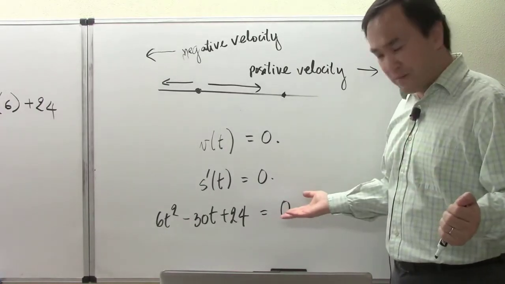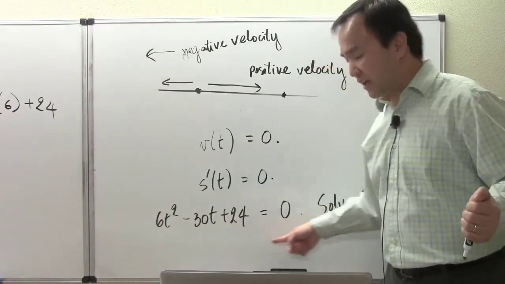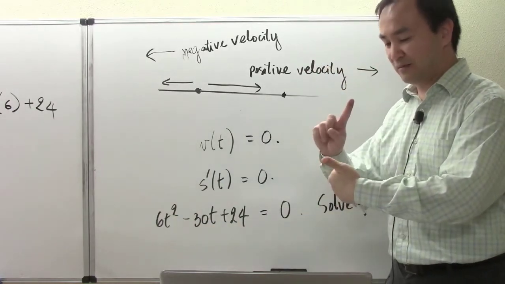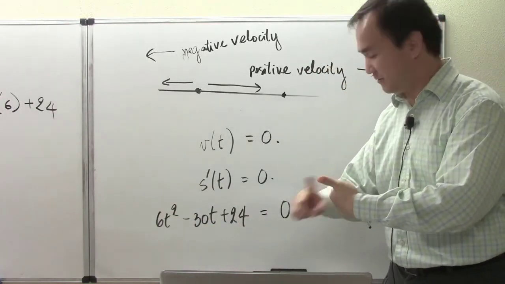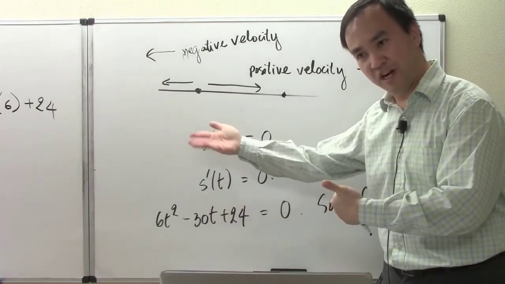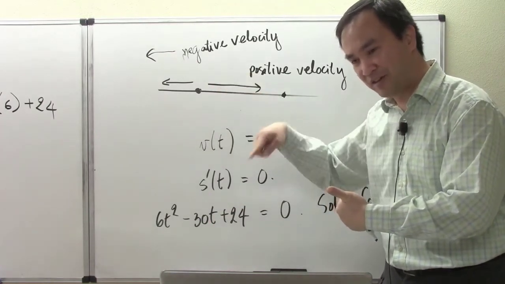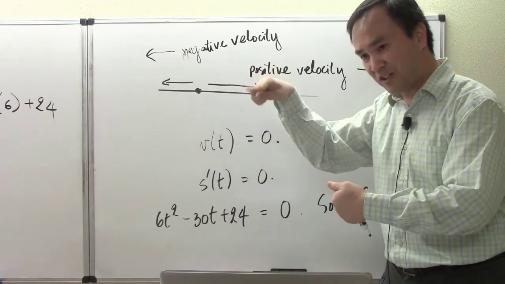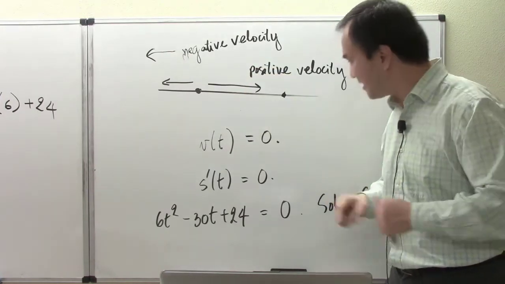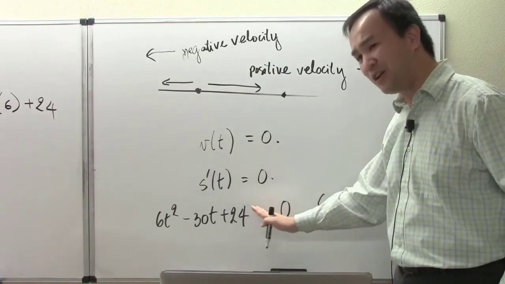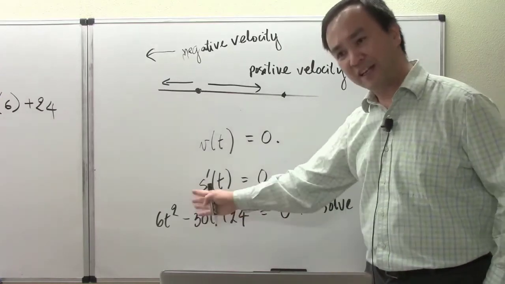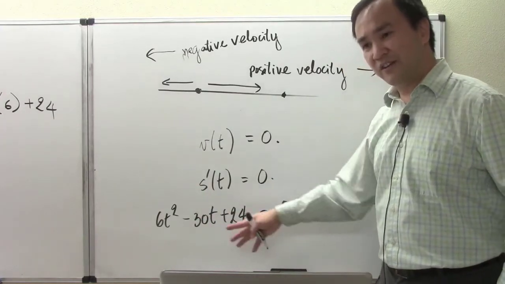I can briefly remind you, in the world of quadratic equations, you have the choice of using the quadratic formula: b squared minus 4ac inside the square root, and negative b plus and minus that square root, all over 2a. Or you can factor, or you can even complete the square.